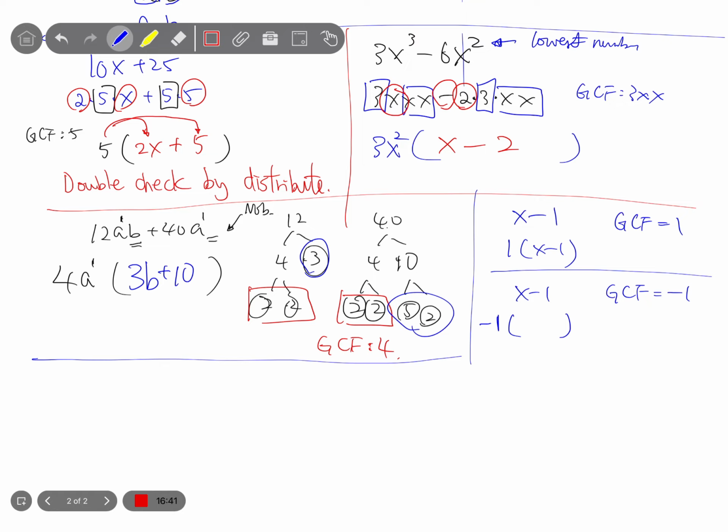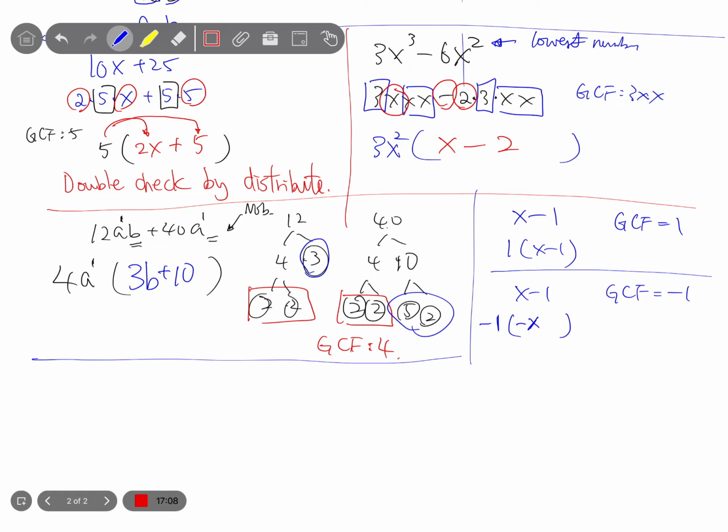So now you gotta remember, what happens when you factor out a negative? Think about what happens when you multiply by a negative 1. When you distribute by negative 1, what happens? Negative 1 times what gives you a positive x? Well, negative times negative is positive, so you've got to have a negative x here. Keep asking the same question: negative 1 times what gives you a negative 1?